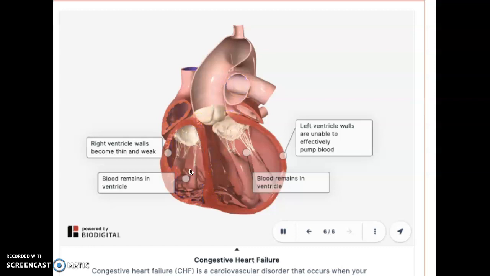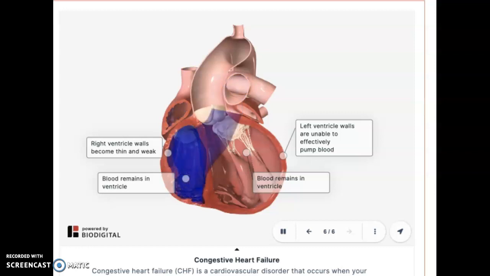If the heart muscle walls are thin and weak, they are unable to adequately pump blood out of the ventricles. Blood then remains in the ventricles, and it reduces the amount of blood that reaches the rest of the body and lungs during each heartbeat. So every time the heart pumps, it's unable to pump fully due to that weakened septum wall.